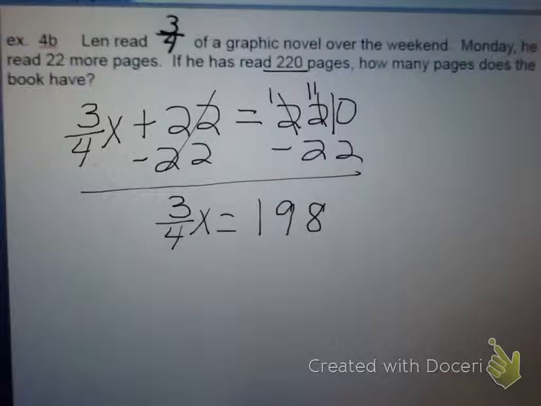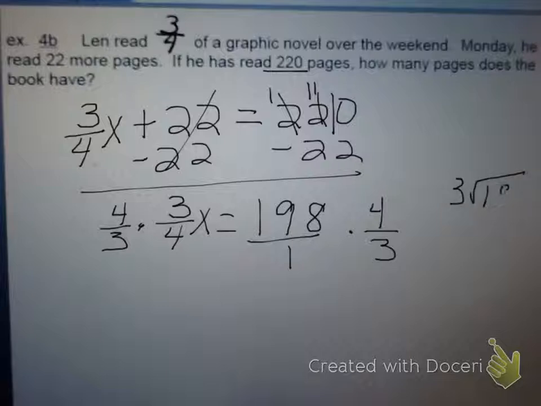Now we're going to multiply both sides by the reciprocal, 4 over 3. Put the 198 over 1. Now I'm going to cross reduce. 3 goes into 198, I think. I'm not sure. I'm going to go to the side and divide. 66 times.